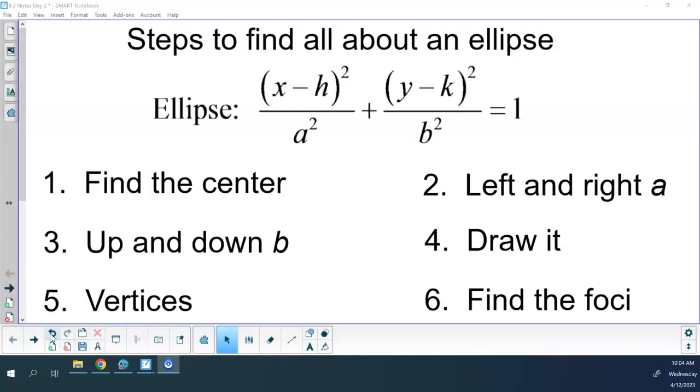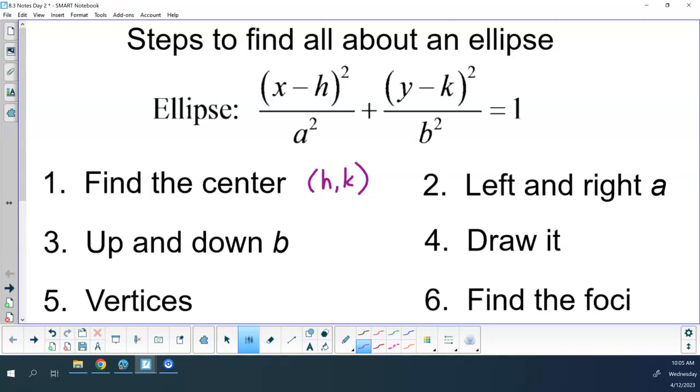We got to find the center. And that, remember, is h comma k. Then we're going to look at a squared, which is our number underneath the x term. We're going to take the square root of that. That tells us how far left and how far right we go from that center.